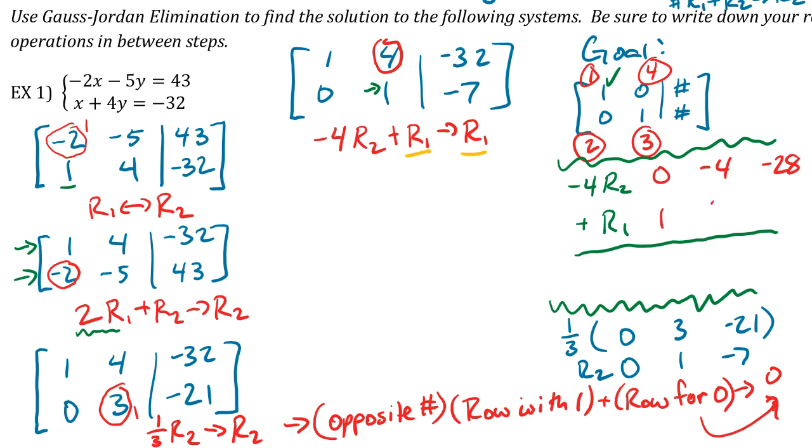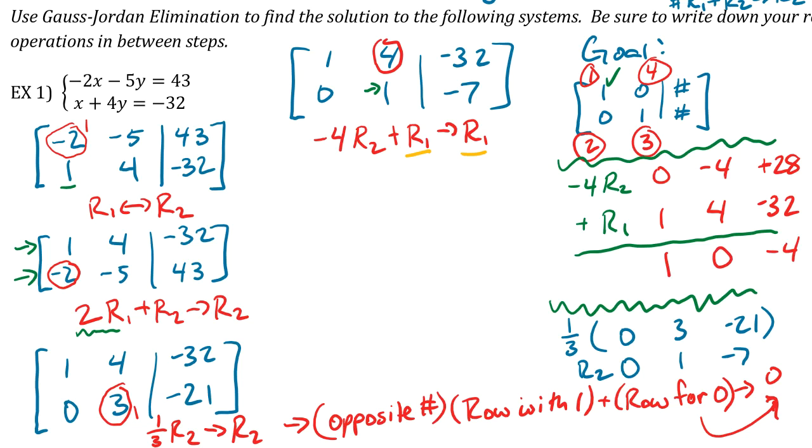Row 1 is 1, 4, negative 32. Sorry, that should have been positive 28, because negative 4 times negative 7 would be positive. So positive 28 right there. Then we can just add them up. So if we add them up, we get 1, 0, -4.